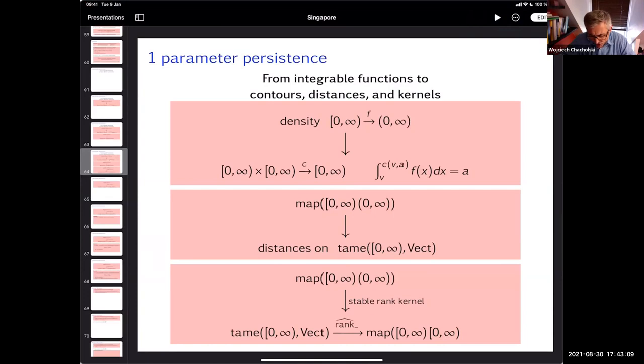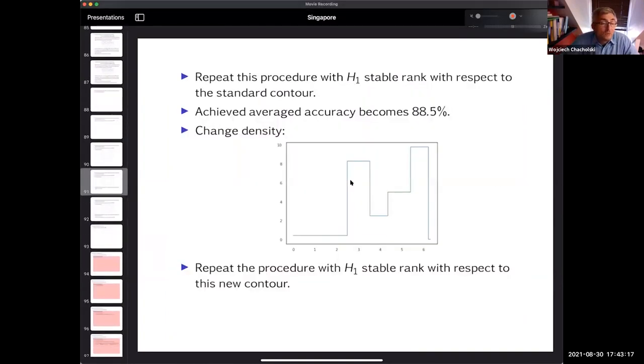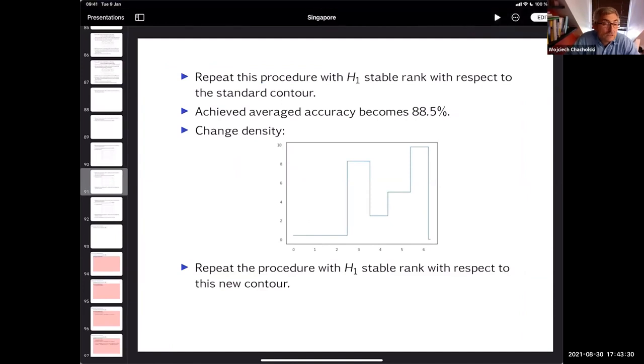The way we search through it is like in this example: we have a sort of random search over piecewise constant functions. We apply this machinery and then choose the one that somehow increases.